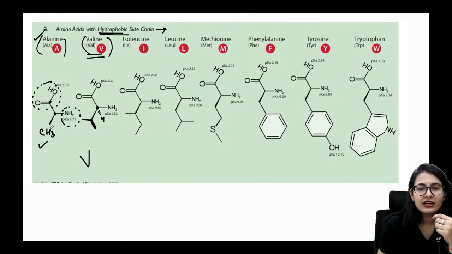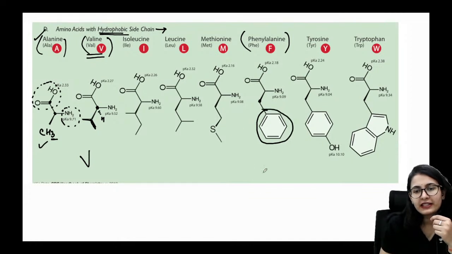Then from alanine go directly to phenylalanine. Go directly over here. Phenylalanine, what is it? Like alanine has CH3, I have replaced one of the hydrogens of alanine with a phenyl group.